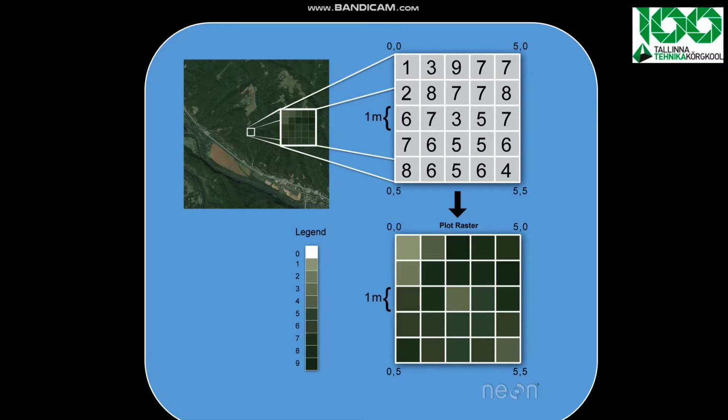This is an orthophoto, and you see when I zoom in, I have a grid, and every cell has a number, and I also have a legend that corresponds to 10 different colors. As I'm plotting those rasters, I get that 1 meter in real life is 1 pixel on the photo.